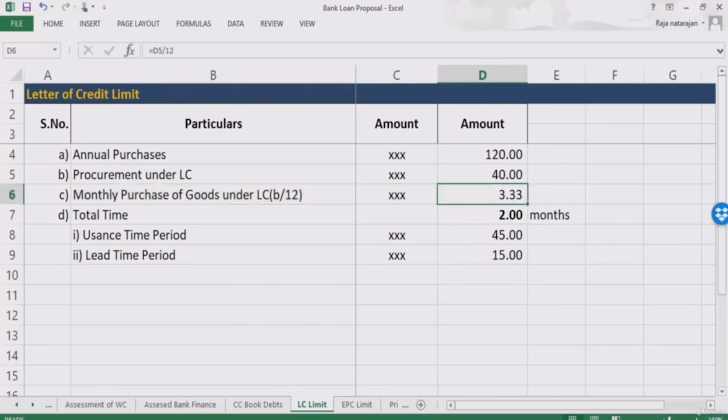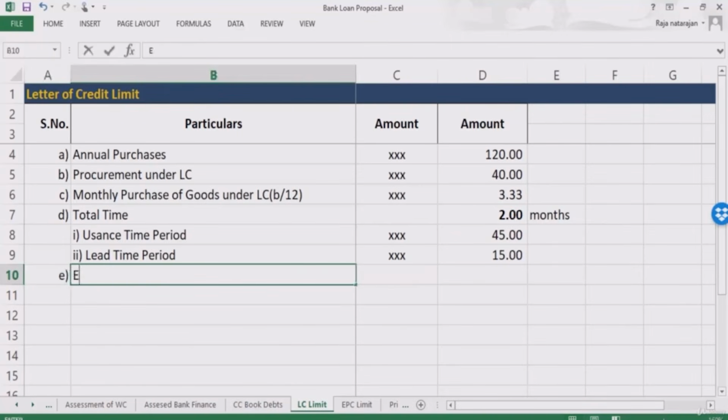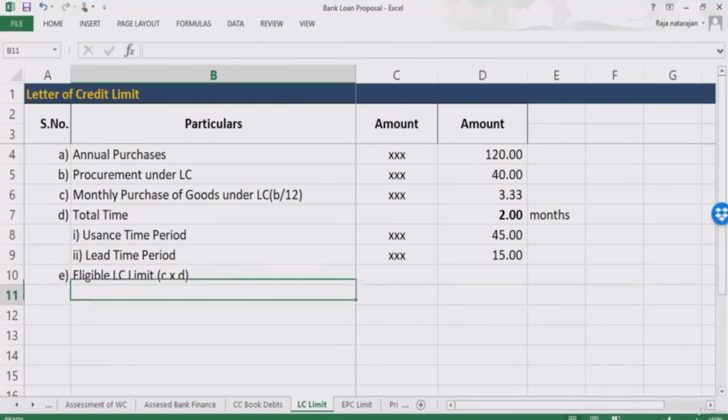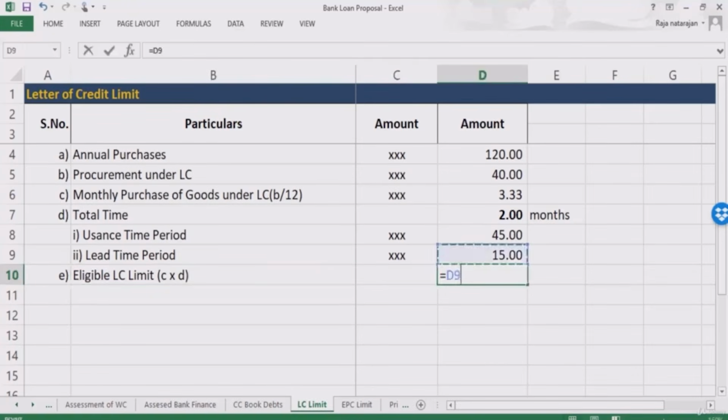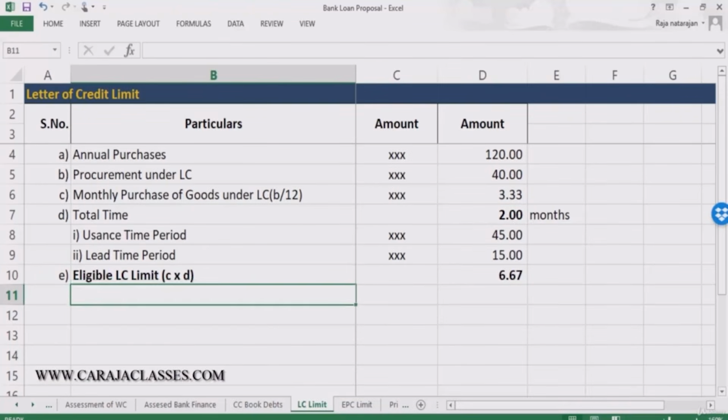Then for 2 months, it will be 3.33 multiplied by 2. So I can say item E, eligible LC limit, is nothing but item number C multiplied by D, which is 3.33 crore per month multiplied by 2 months. So this is the eligible LC limit, and this is how LC limits are assessed.